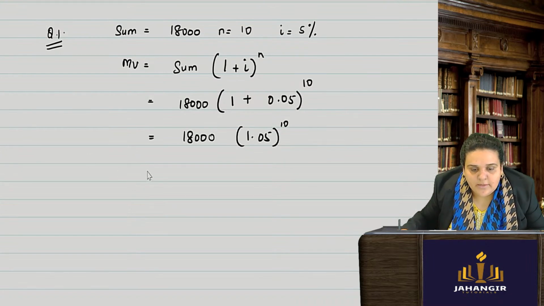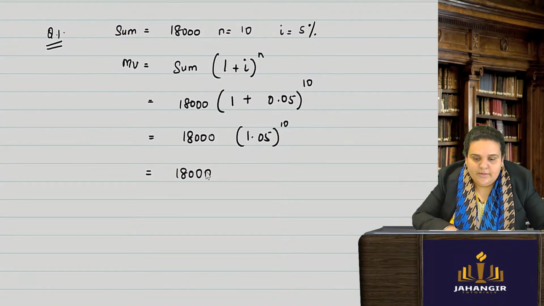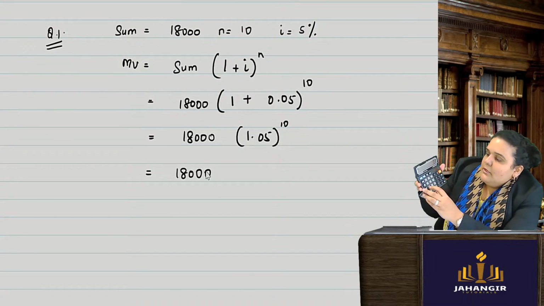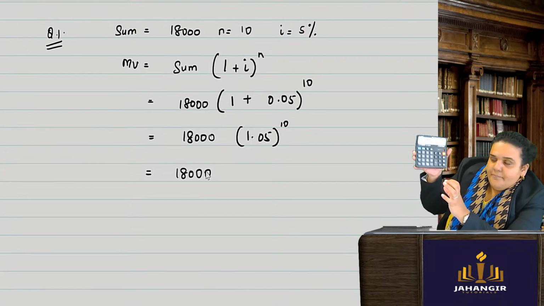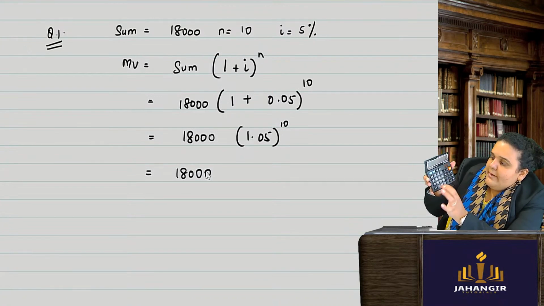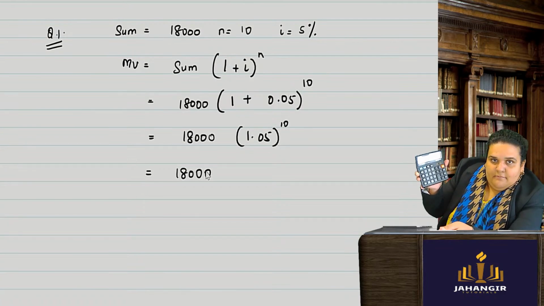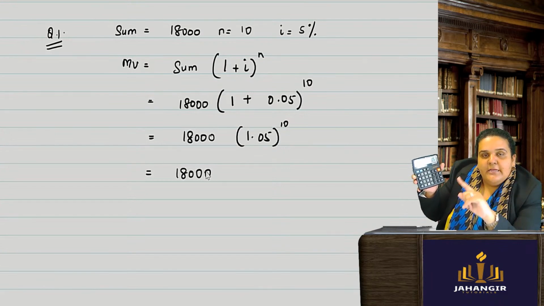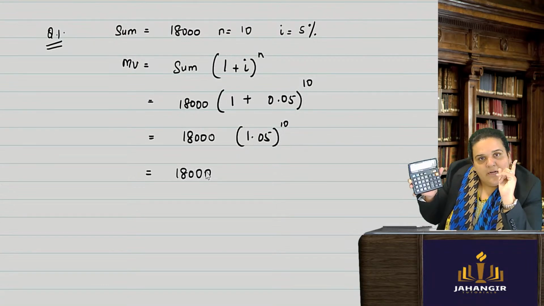I can show you one small shortcut. On your calculator, do 1.05 into 1.05, and since it is 10, press equal to 9 times, one time less, because I have already multiplied 1.05 into 1.05 once.